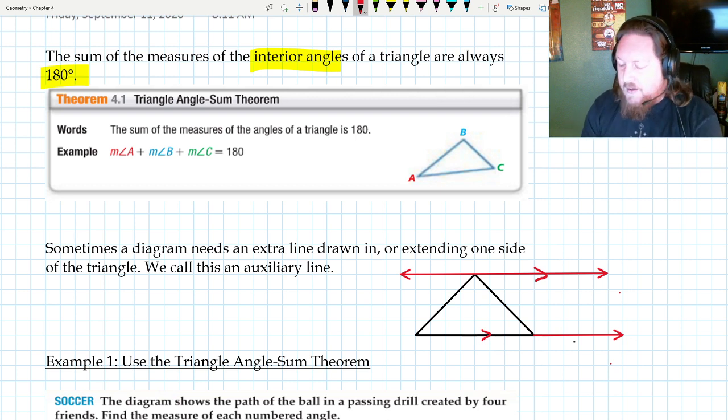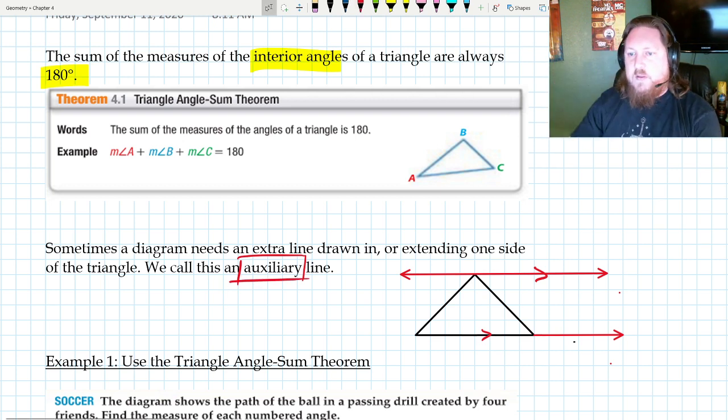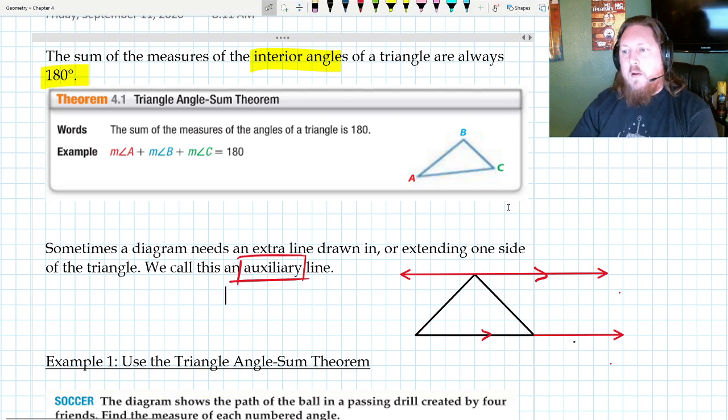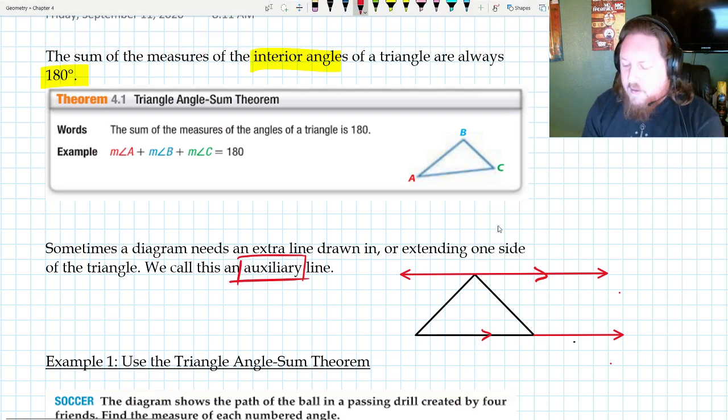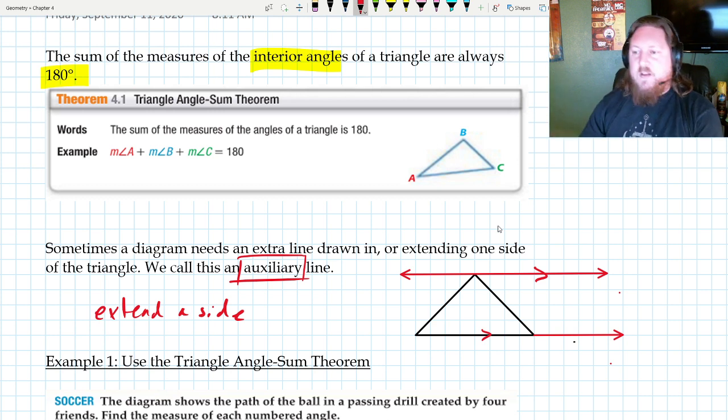We call these auxiliary lines. That's just another term that's going to come up a bunch. Lots of times I'll say extend a side, and what that means is I'm just drawing an auxiliary line on it to get something on the image to help me figure out what's going on.